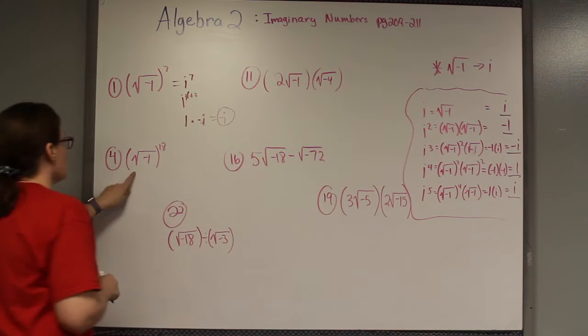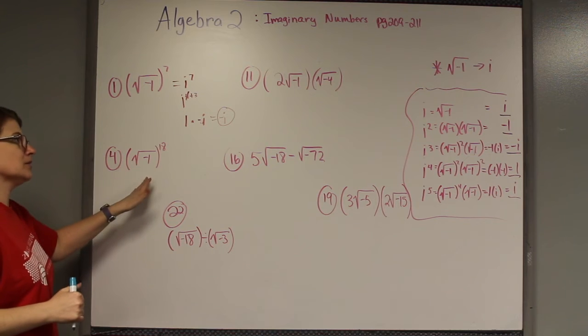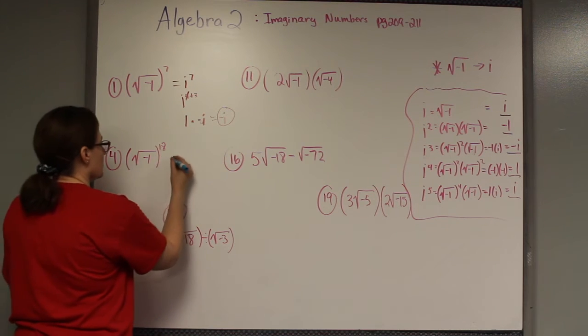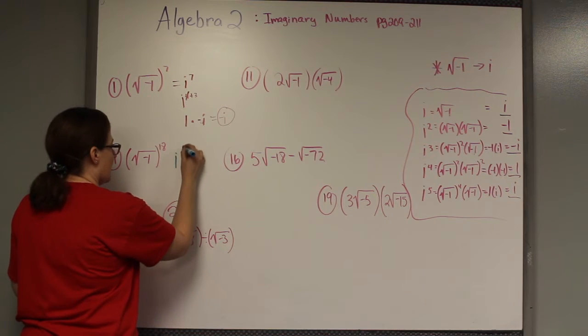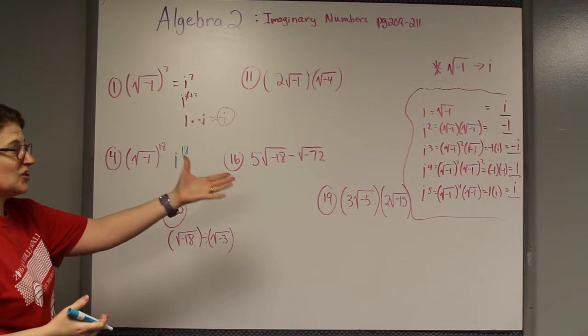So if I look at number 4, it's I to the 18th power, or the square root of -1 to the 18th power. First of all, I'm going to change that to I to the 18th. And then I'm going to break that down. It can be broken down several different ways.